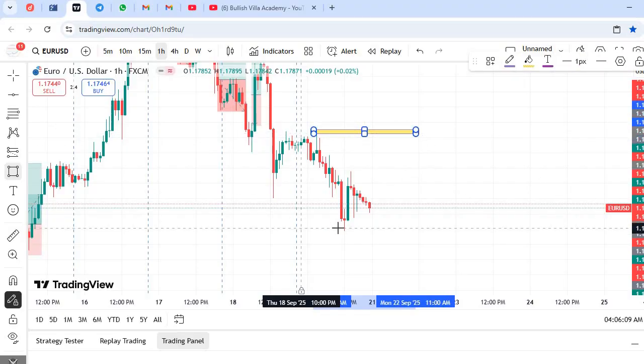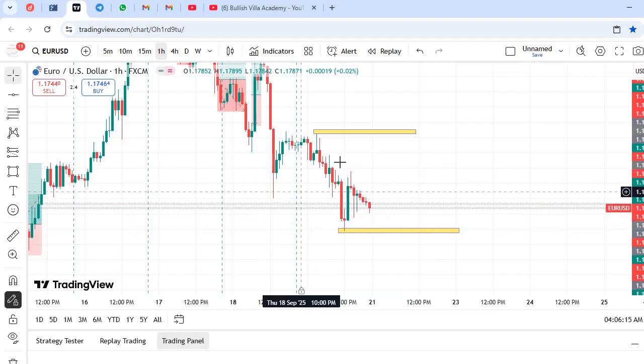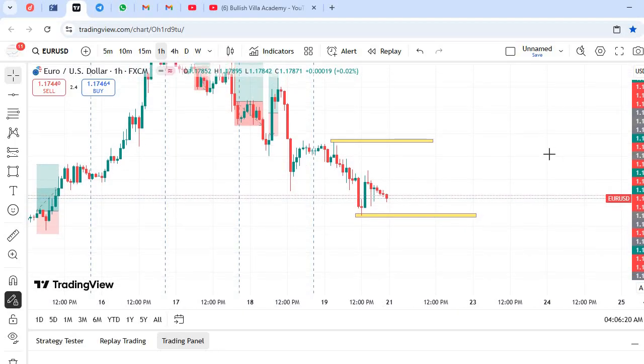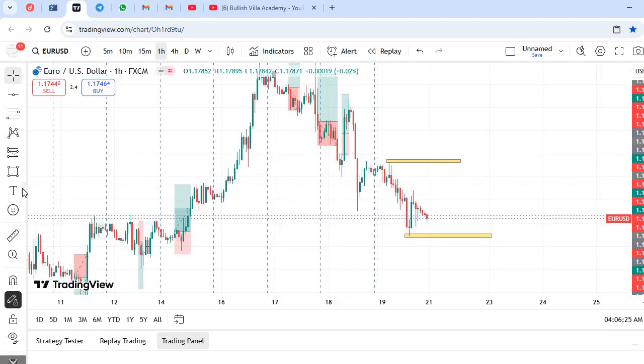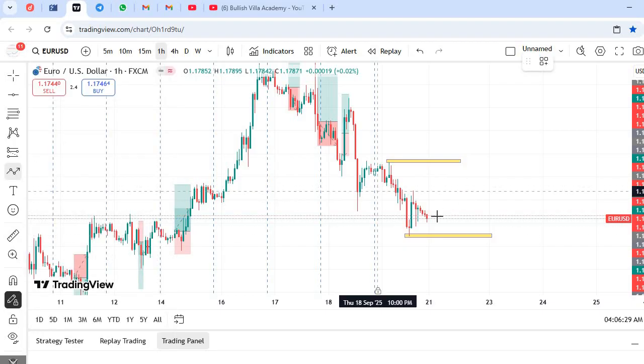This is the last high. This is the last low. So once the market opens on Monday, now my bias for the new week: once we have the price breaking out, once the price comes to take out this last high, can you see?